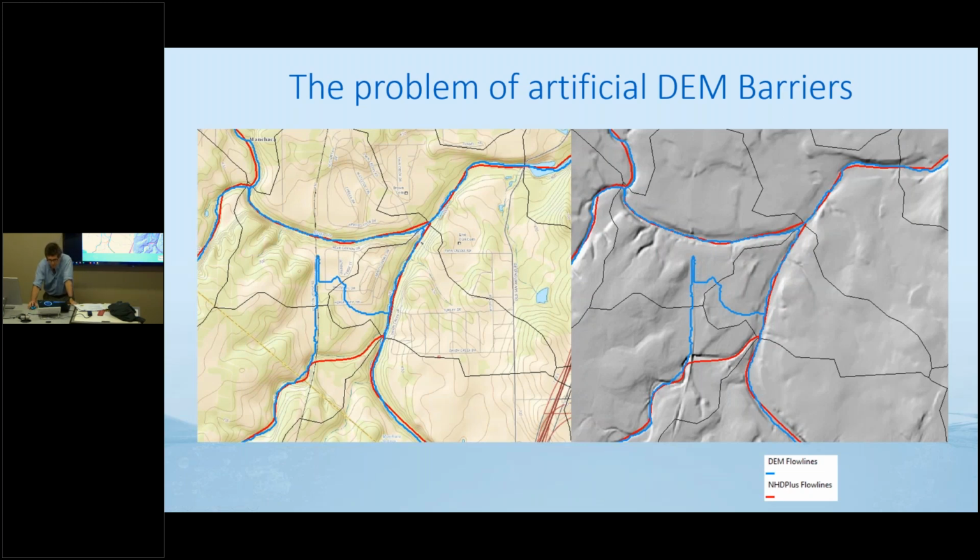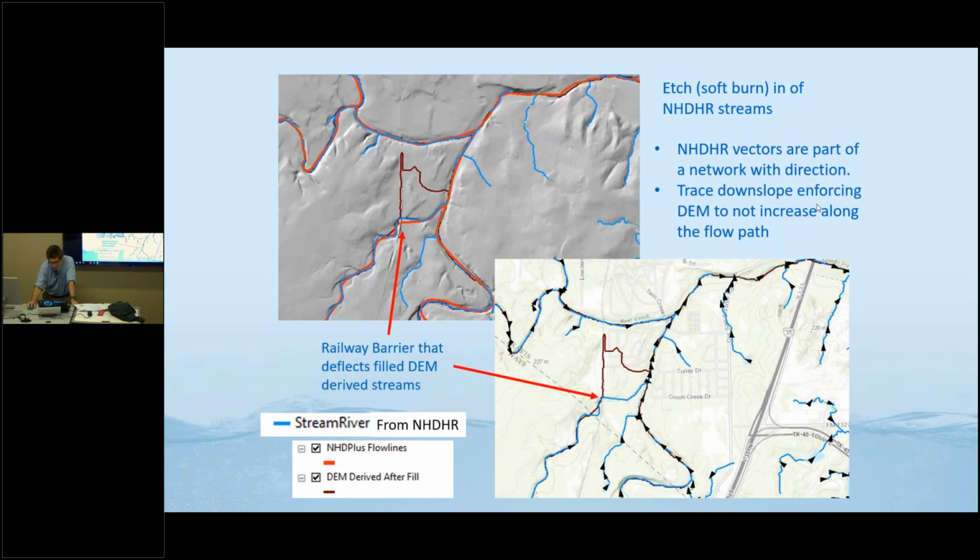Well, that's obviously not the way the water goes, because really there is a railway bridge and the water does go underneath it. The NHD plus flow lines sort of follow that direction, but they miss the detail. So what we have actually done here is devised a procedure to use the high resolution NHD flow line.